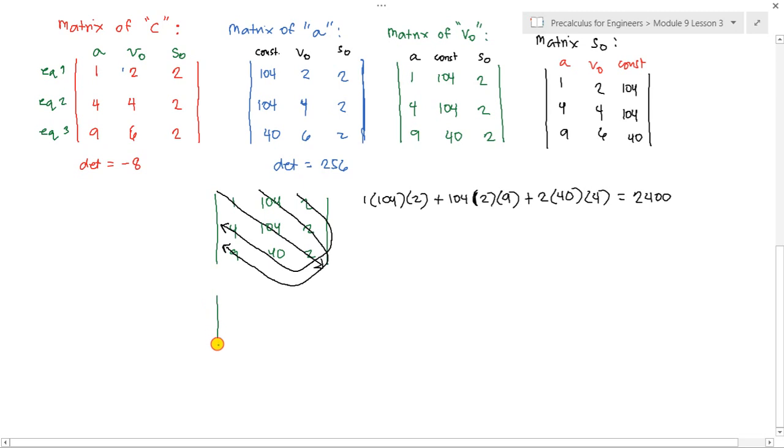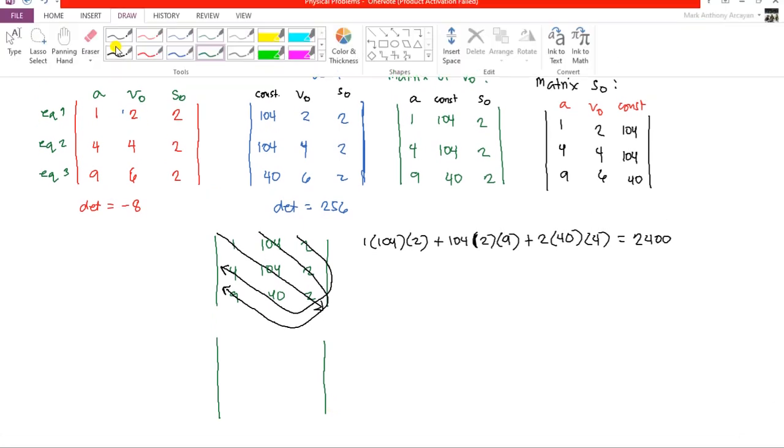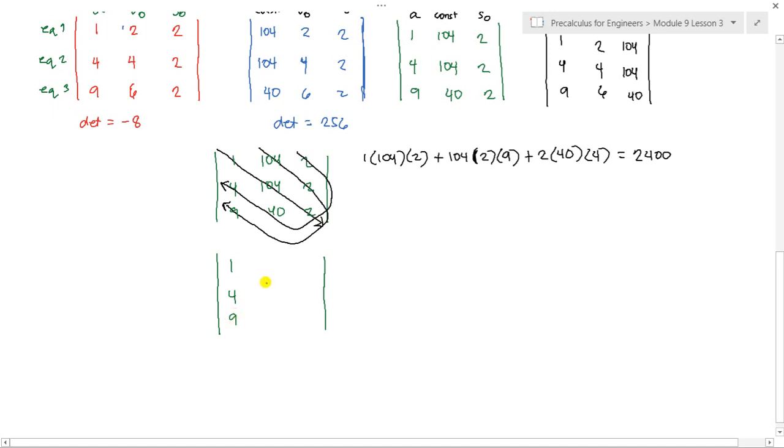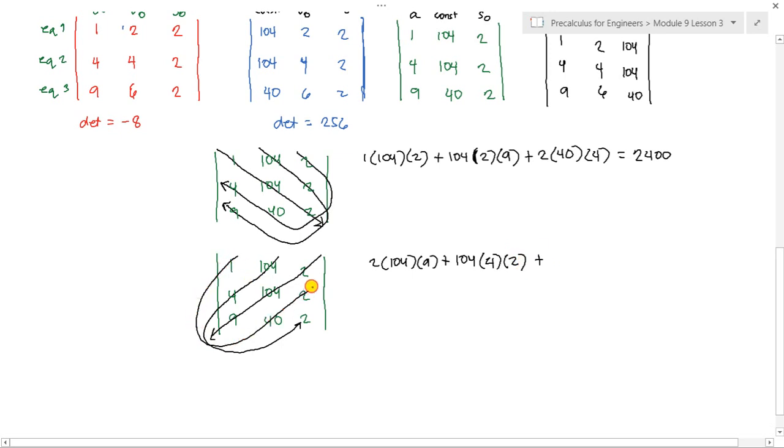Next, we go to the second. Although it is a bit long, it is not confusing since it follows a pattern. If you know the pattern, solving is easier. Then 104, 104, 40, then 2, 2, 2. Here, from top right to bottom left: 2 times 104 times 9, plus 104 times 4 times 2, plus 1 times 40 times 2.